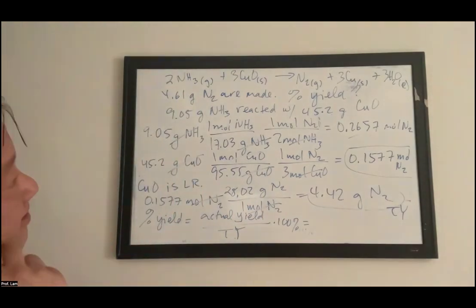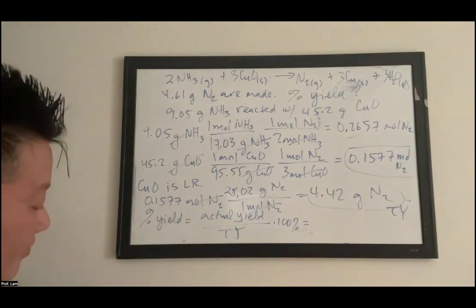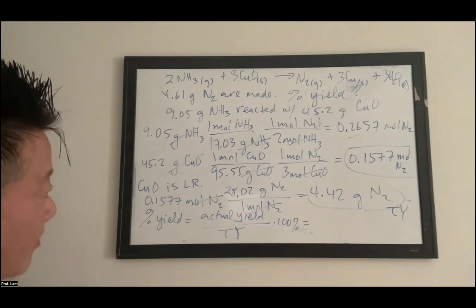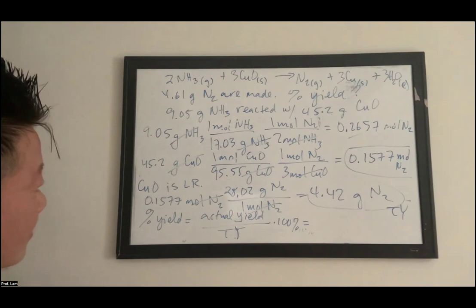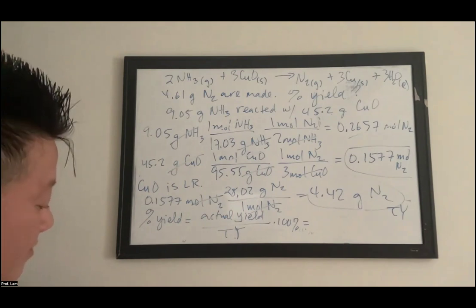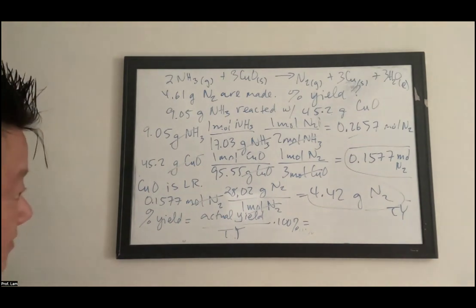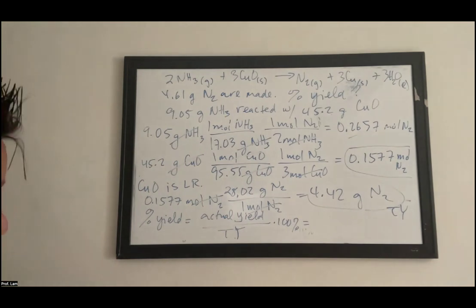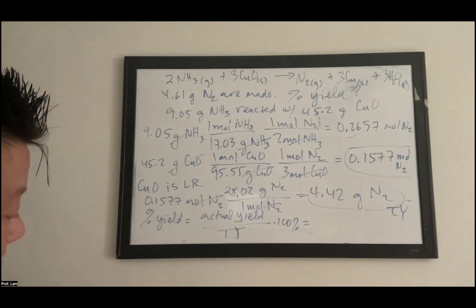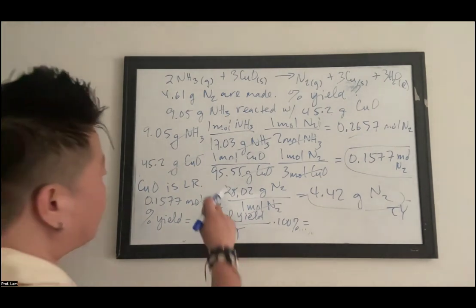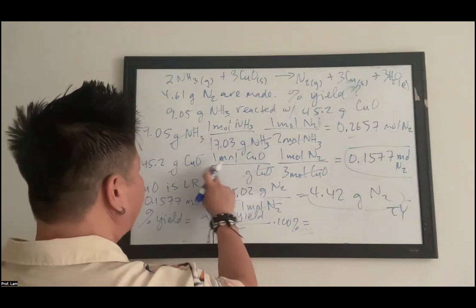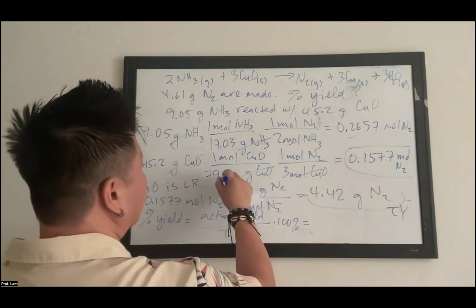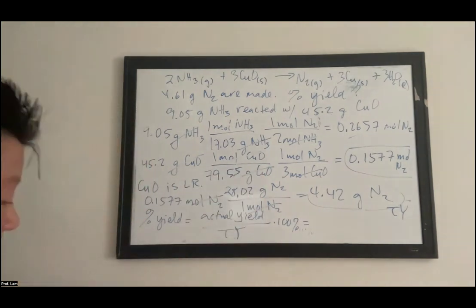So right here, we can see that a calculation might be off. Because my theoretical yield is smaller than my actual. Okay, I see the issue. This molar mass was off. Oh, okay. This molar mass was off.